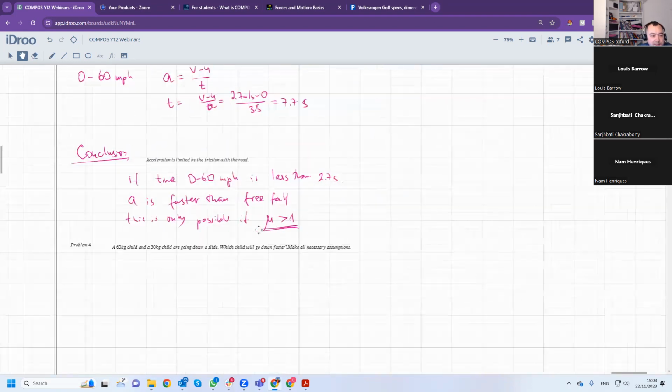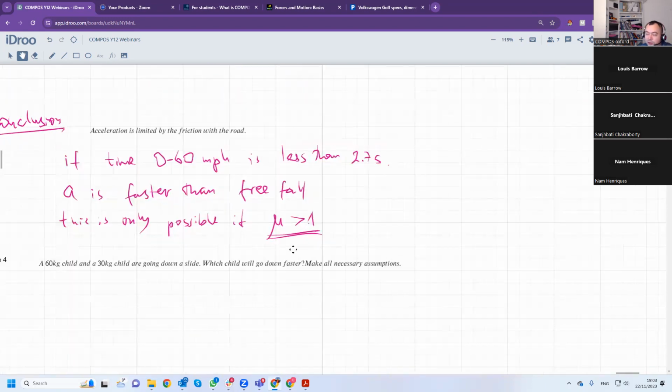The 2.7 is for mu equals 1, for a four-wheel drive car.